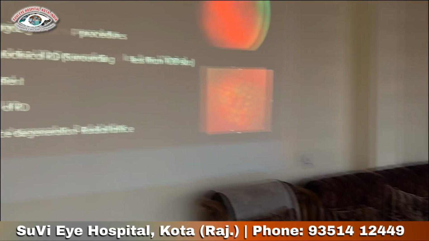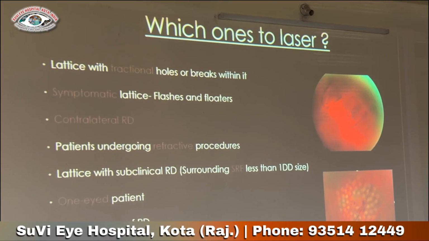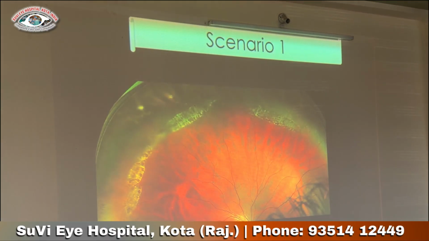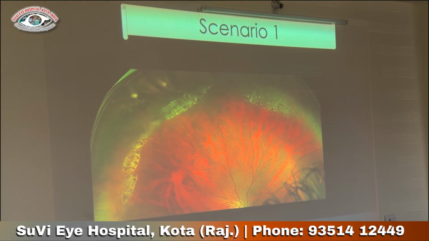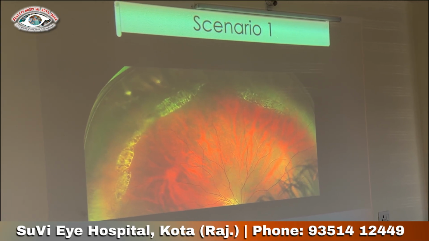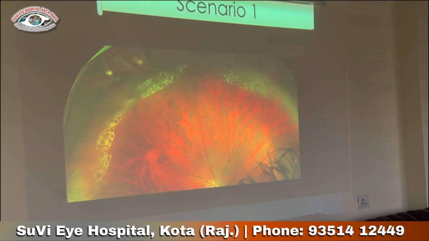For a patient who plays some contact sport, you can also laser that. So these are the scenarios. You can see there is a large lattice. How will you approach this patient?